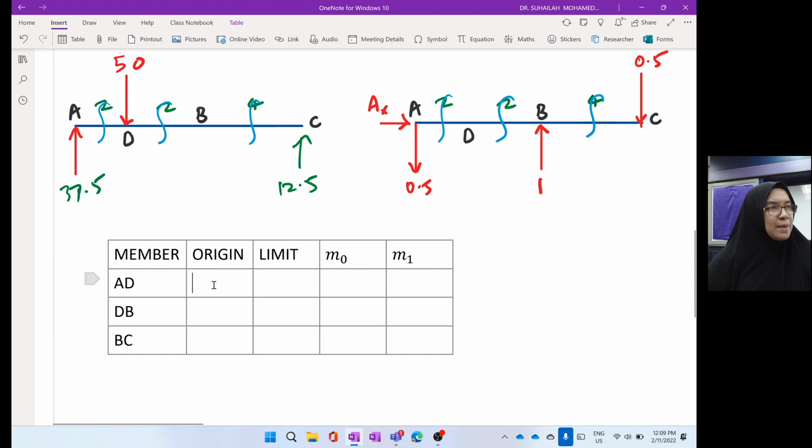The origin for AD is A, for DB it is D, and for BC it is C. The limits are 0 to 2, then 0 to 2, then 0 to 4.